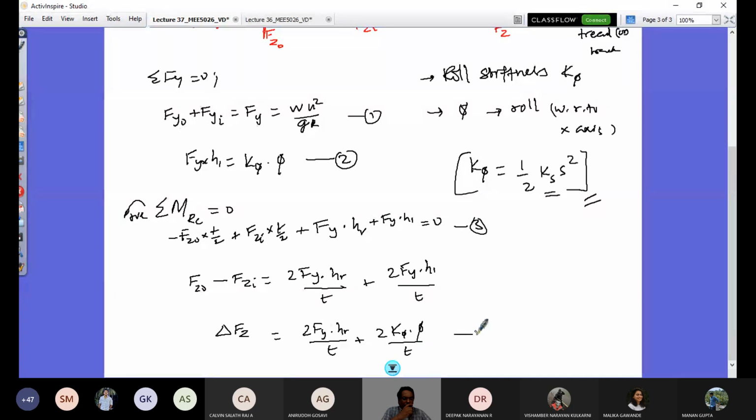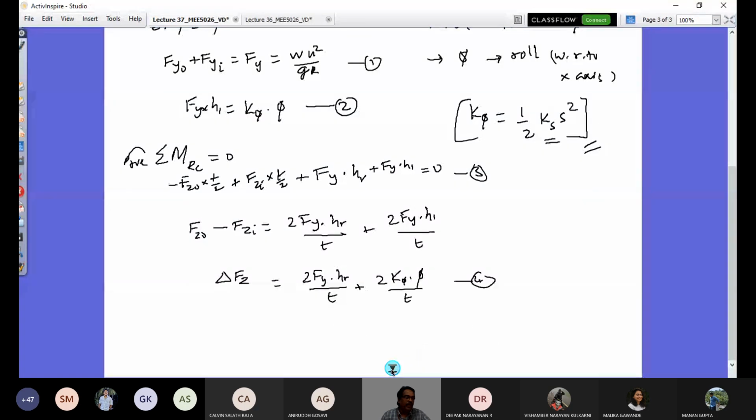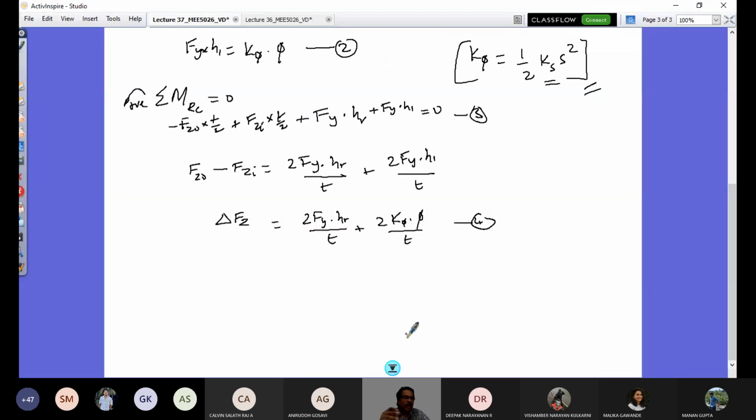So now, there are two mechanisms that are very evident here for lateral load transfer. What are the two mechanisms? One is the first term, 2Fy HR by T. And this is lateral load transfer due to cornering forces.